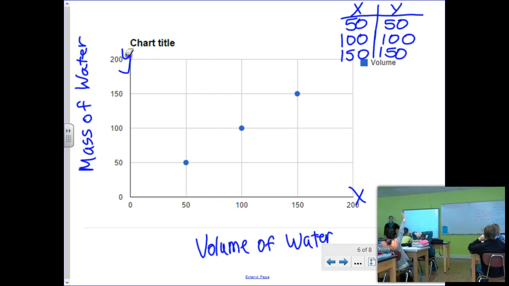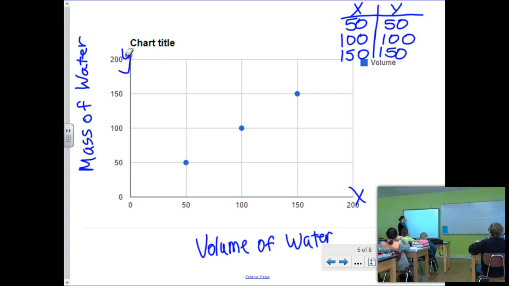Because for all I know, I could be measuring it in liters. If I said 50 liters, am I filling up 25 two-liter pop bottles? You were using graduated cylinders. Those are tiny. What unit should I have?